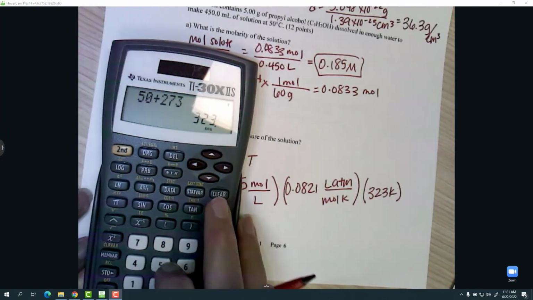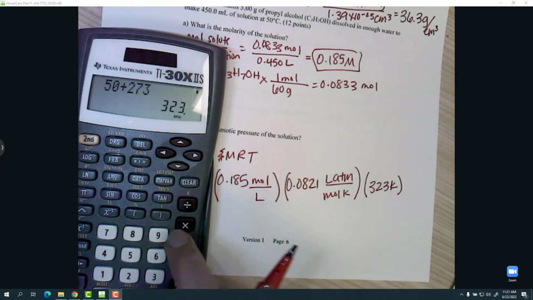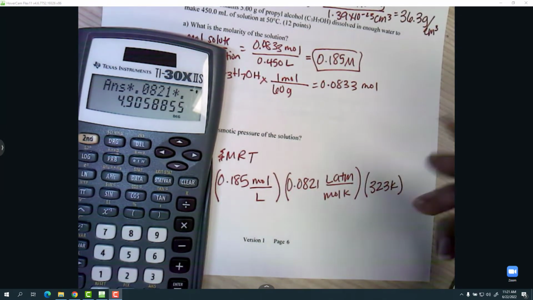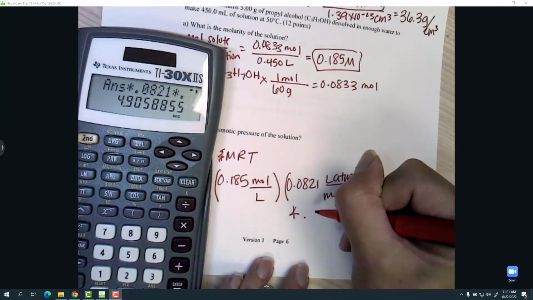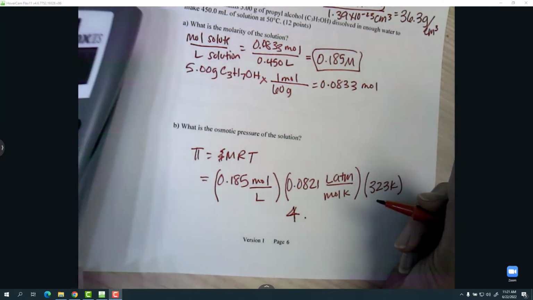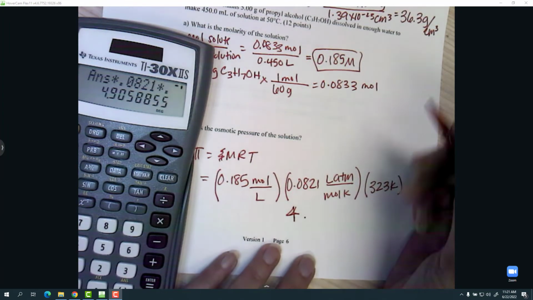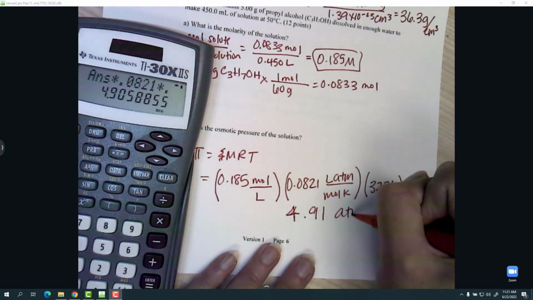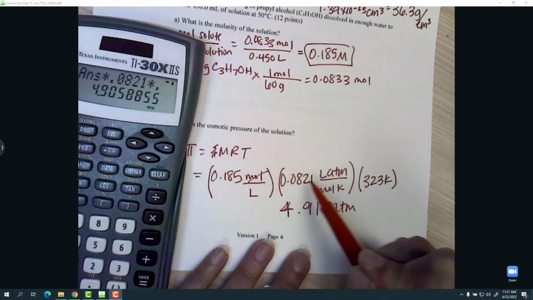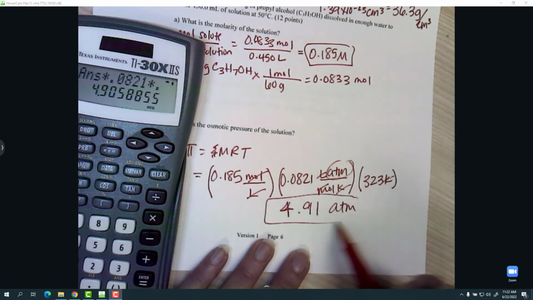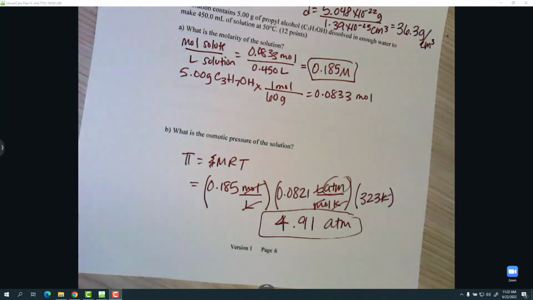And I'll put this in my calculator. Let's see, I need about 3 sig figs, so 4.91 atmospheres. The only thing that didn't cancel, so moles, liters, Kelvin, and so my pressure would be in atmospheres.